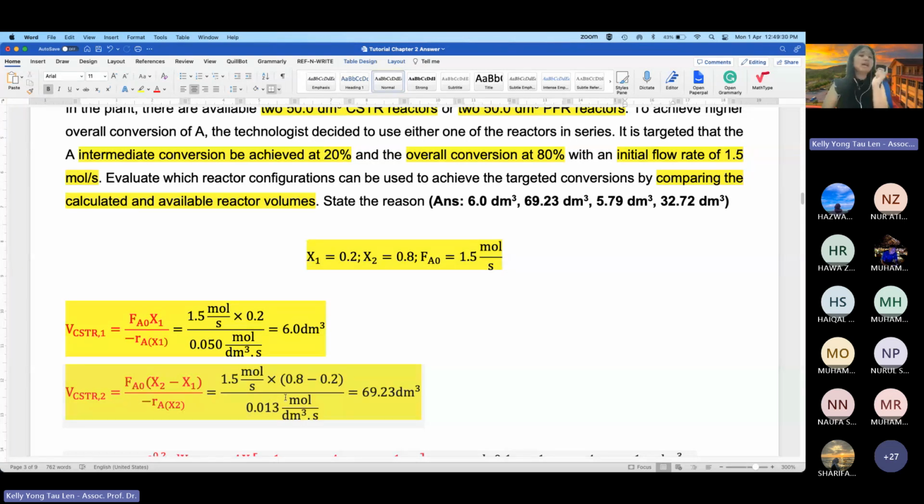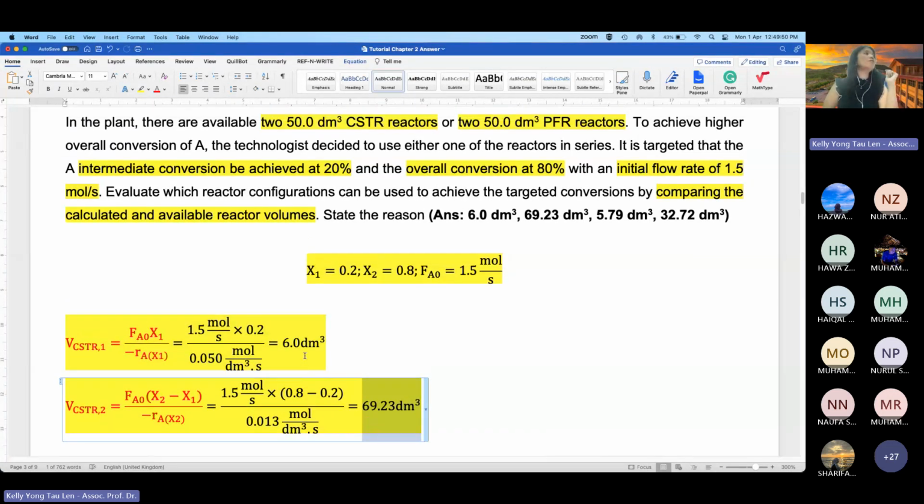And when I calculate, I get the volume as 69.23, meaning that if in your second reactor you would like to achieve the conversion of 0.8 from 0.2, you need the reactor volume to be at least 69.23. However, remember, the information says in your plant the reactor volume is only 50 dm cube.